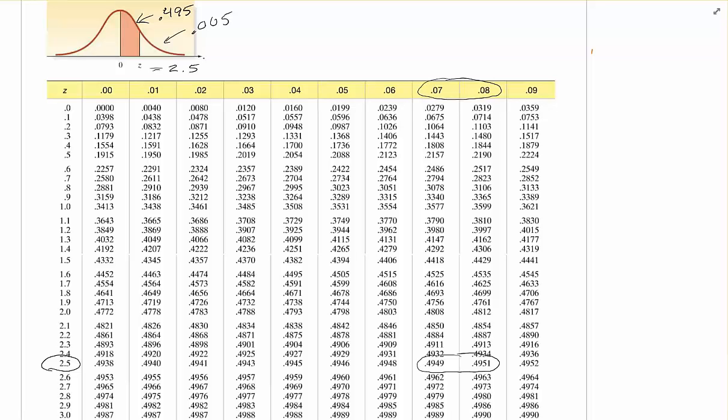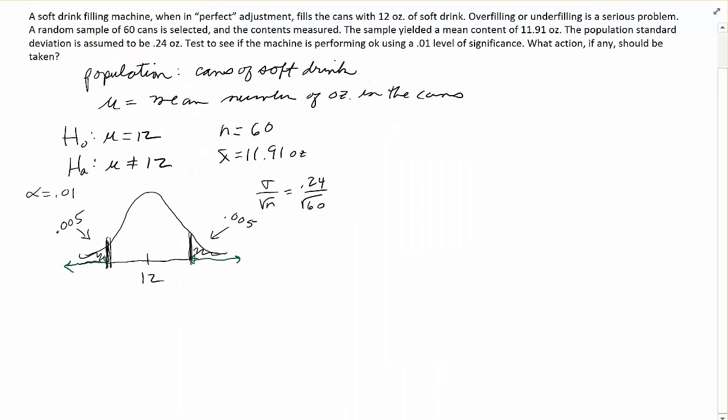I'm going to interpolate that a little bit. Right between the two would be 2.575. So going back to my distribution, I'm at a negative 2.575 and a positive 2.575.